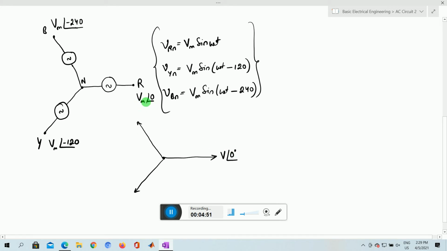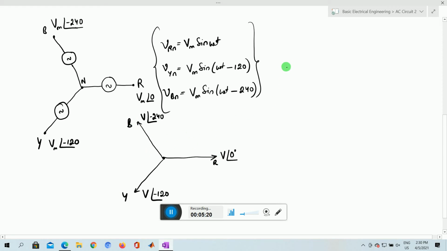If we are writing in terms of peak value, we can also write in terms of RMS value. Let's say all the three voltages are balanced, equal in magnitude. So this will be V angle 0, this side will be V angle minus 120, and this will be V angle minus 240, and this is nothing but R, Y and B in this manner.